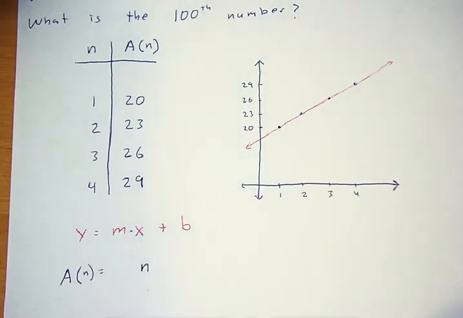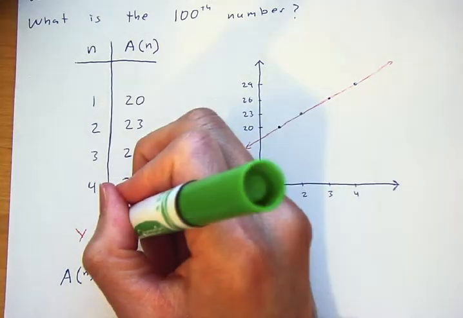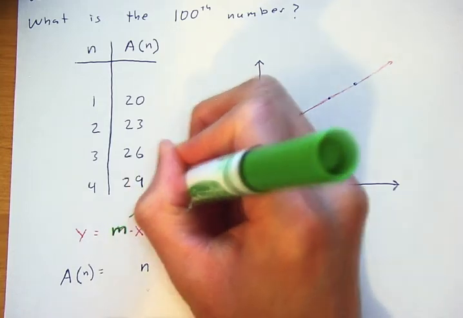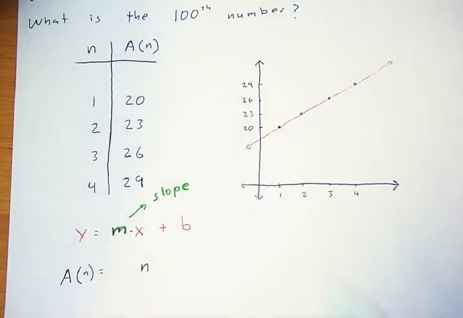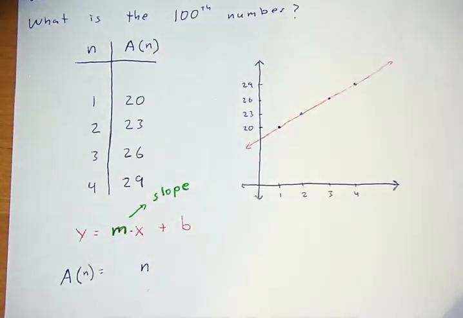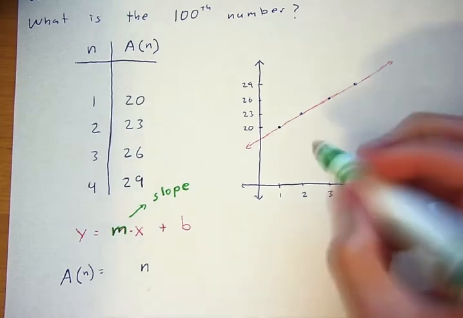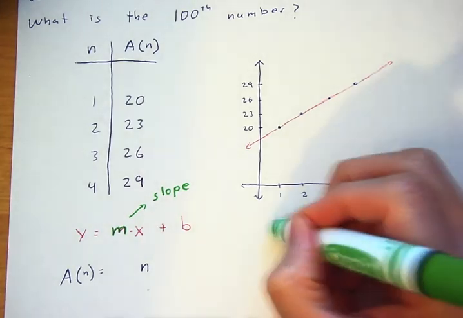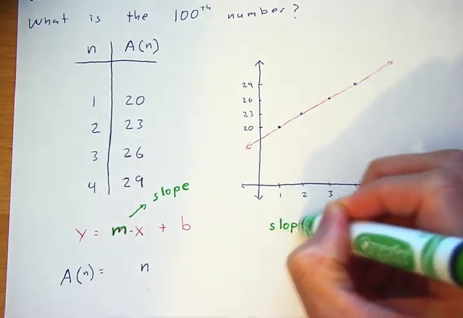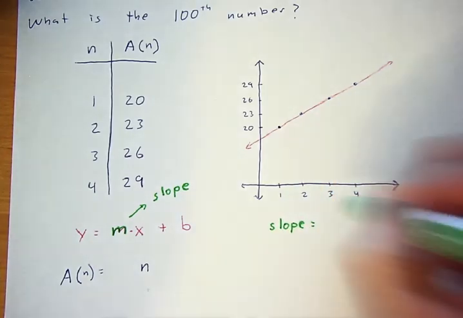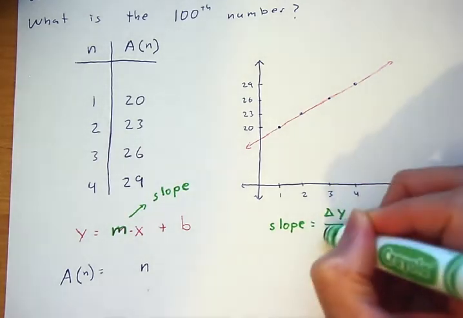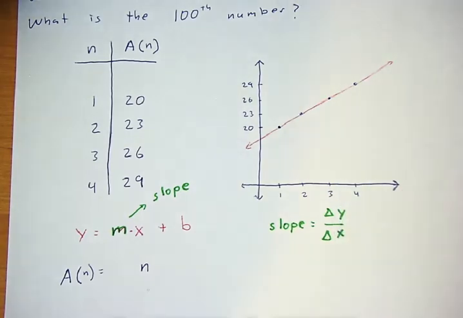And how do you find this m? This m is known as your slope. If we're looking at our graph, the way you find slope is how much does the y change by divided by how much does the x change by.